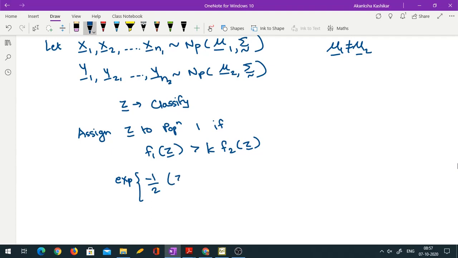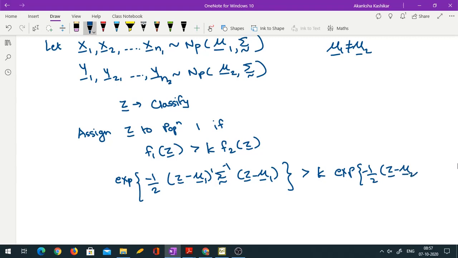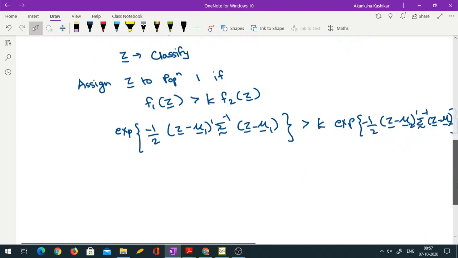So e raised to minus half (Z minus mu1) prime sigma inverse (Z minus mu1) should be greater than K times e raised to minus half (Z minus mu2) prime sigma inverse (Z minus mu2). If this happens, then we will assign Z to population 1. That's what we are saying.